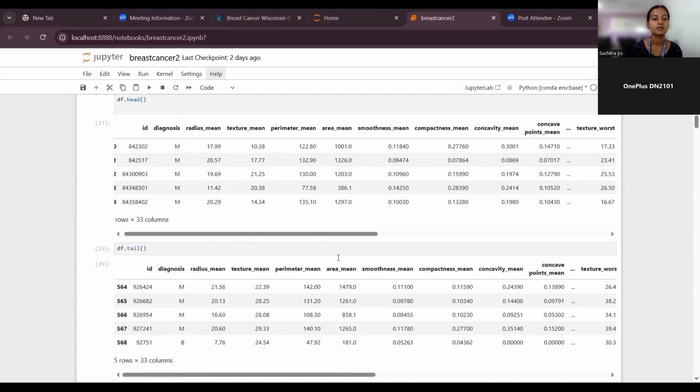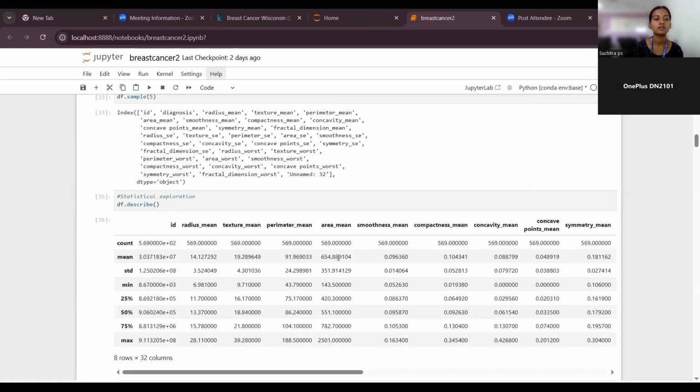The dataset talks mainly about the nuclear cell radius, texture, perimeter, area, smoothness. All the features are converted to mean.